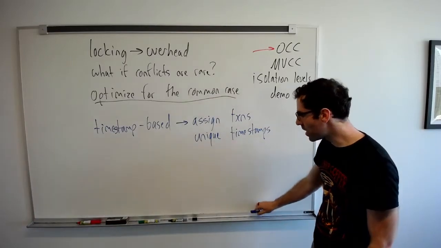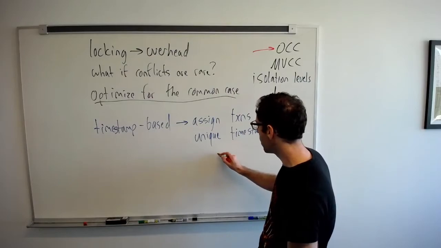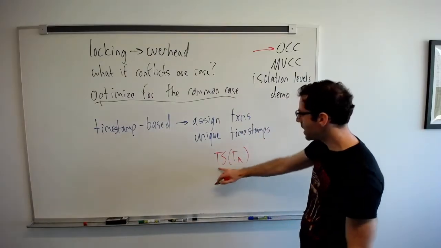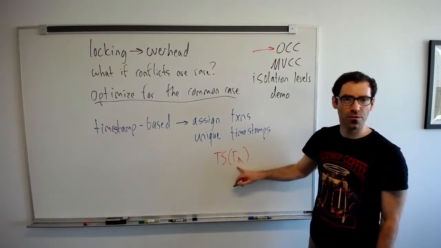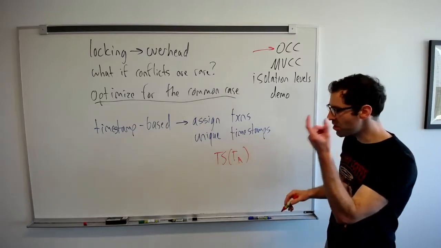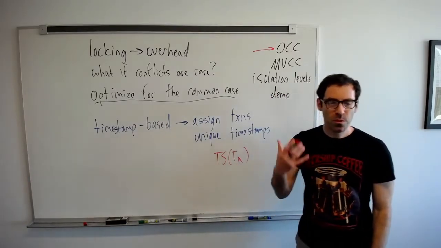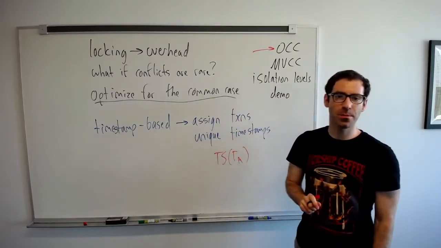So we're going to say something like, TS of some transaction A means the timestamp of transaction A, and it's going to be some unique integer that is the timestamp for this transaction.